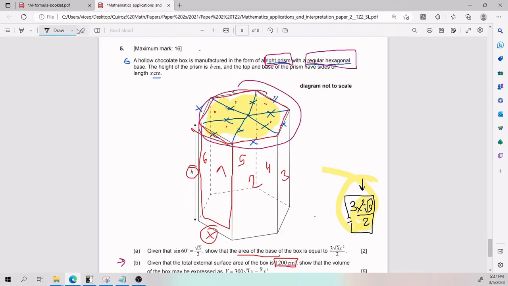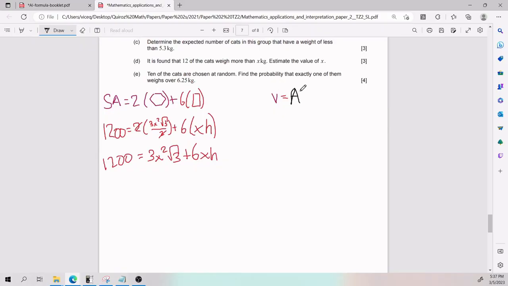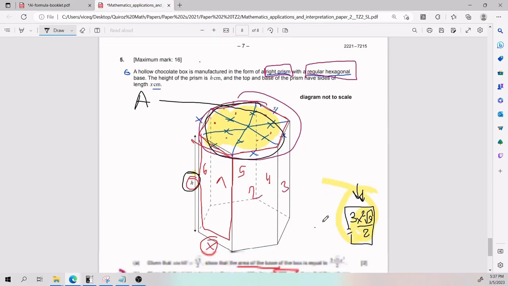So H is the height, we know that it's H. And the cross section again makes reference to what's in yellow. It's basically the base of your prism. Right, the base of your prism is going to be the cross section. It's going to be big A, right? So this whole guy in yellow is going to be big A. So volume in this case is big A times H. Big A we know is what we said was in yellow.